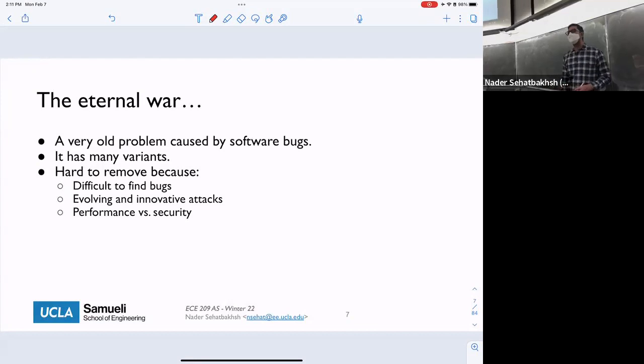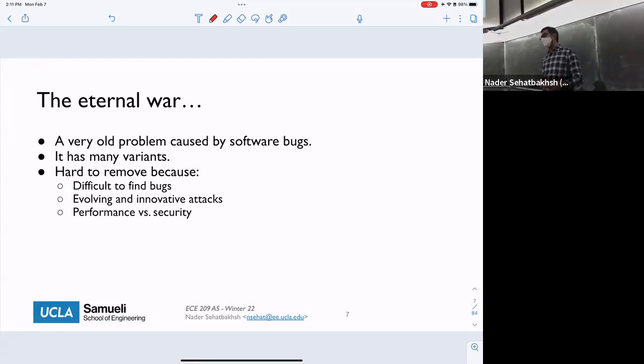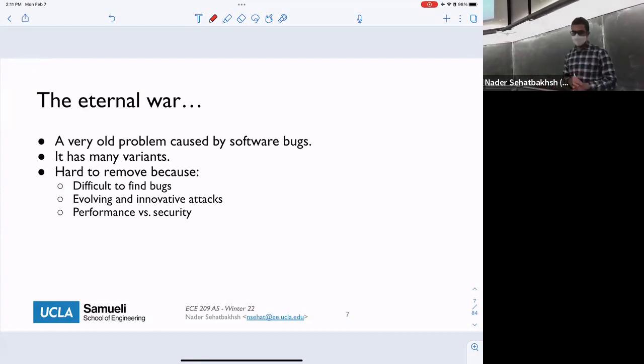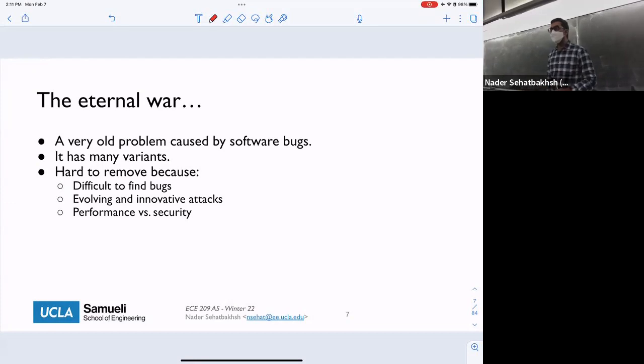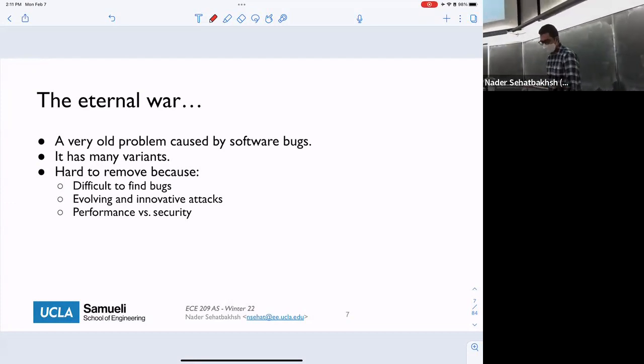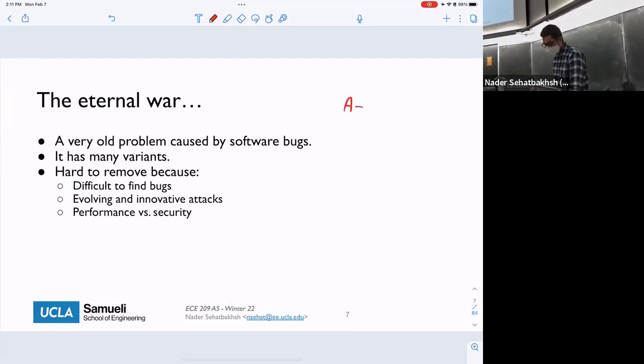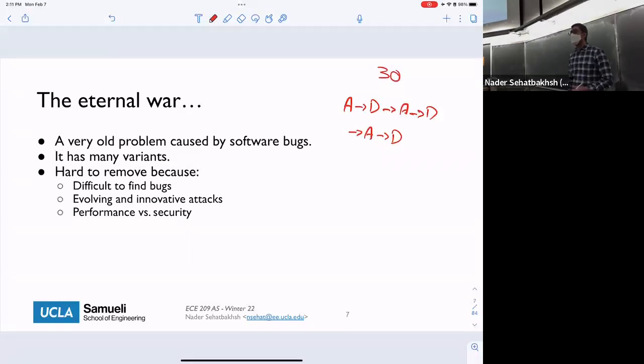If you go back to memory safety and memory corruption, it is one of the very oldest problems in security, and one of the main problems in security as well. The problem is really this cycle of attack, defense, mitigation, and then other new attacks, then defense, and this has gone on for 30 years so far.